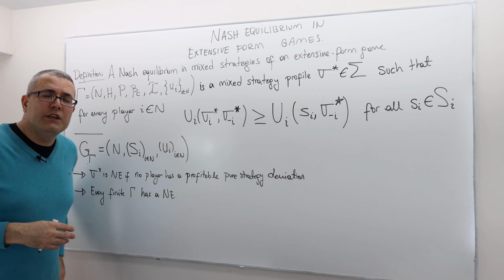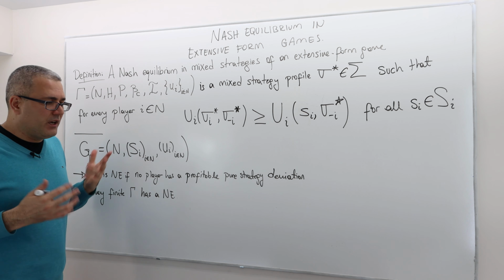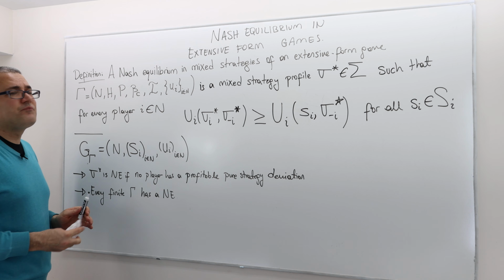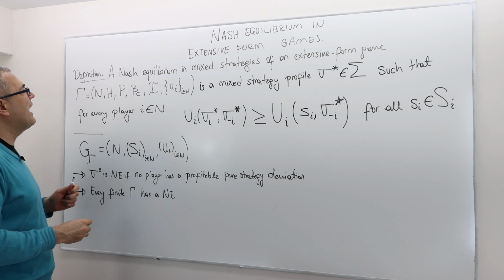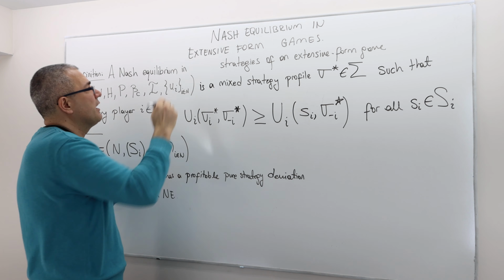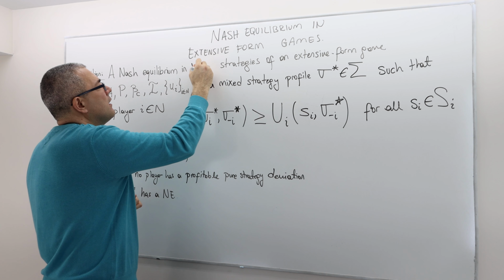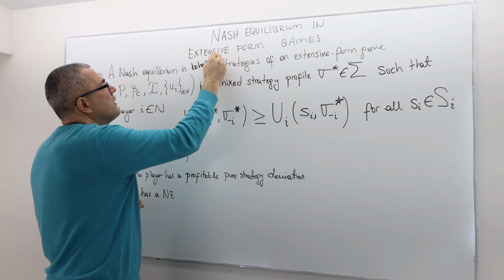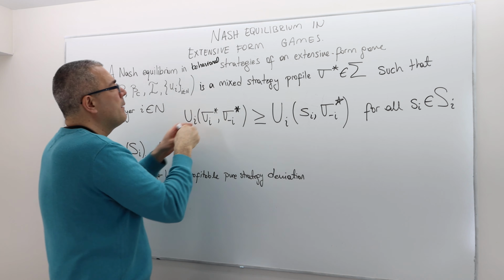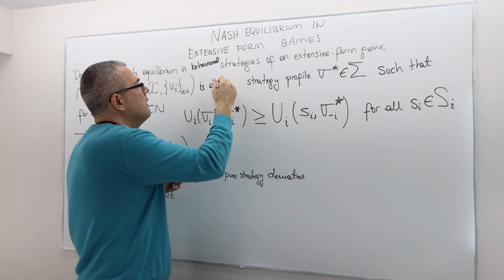Well, what if I want to use behavioral strategies? Well, fine, you can do that. I can slightly change the definition. How? A Nash equilibrium in behavioral strategies of an extensive form game is a behavioral strategy profile.